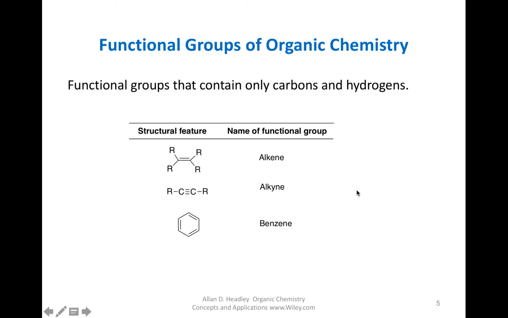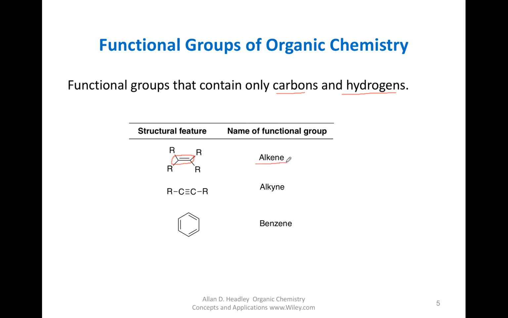Let us look at nomenclature of compounds that contain carbons and hydrogens, but in this case it's not saturated. So we have sp2 and sp carbons. If you have a carbon-carbon double bond, it's called an alkene.